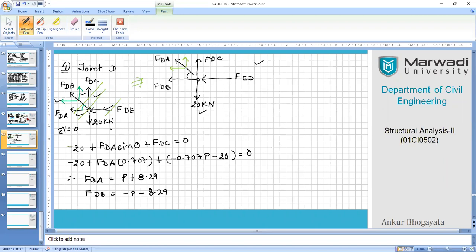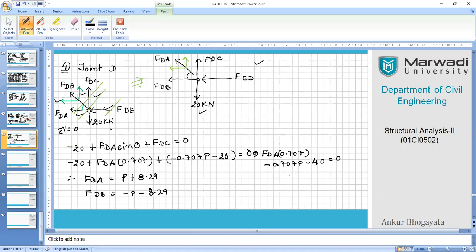Meanwhile, we can expand this, like FDA 0.707, just as an expansion of the same term, then minus 0.707 times P, minus, both are negative, so minus 40 equals 0.